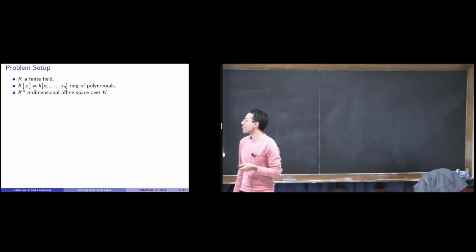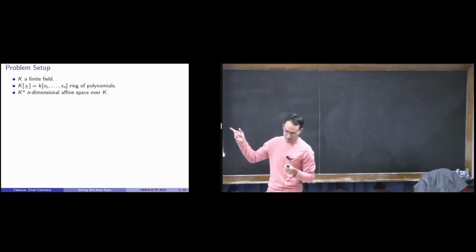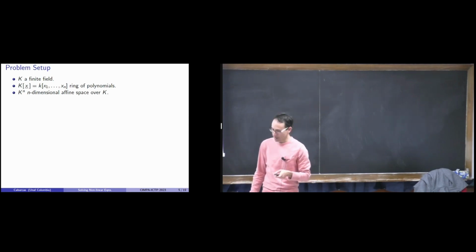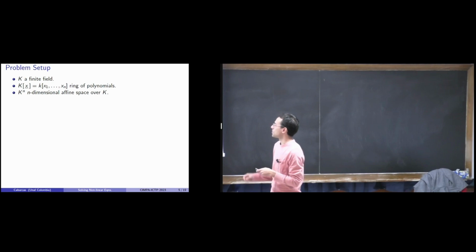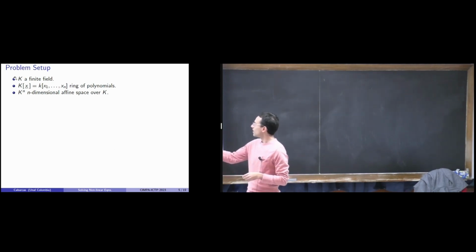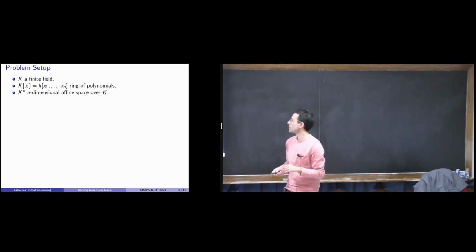And capital K. We're going to be working with a ring of polynomials in n variables, x1 through xn, and I'm going to represent that for simplicity just as K[x], with a bar on the bottom of x to represent the vector of variables.